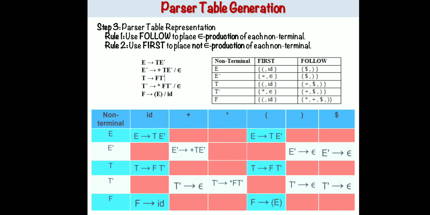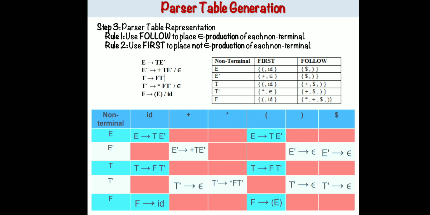Let's first see an example. In the non-terminal E, first of E is open bracket, comma, ID. Then we write the production from where we are getting it, E arrow T E dash.